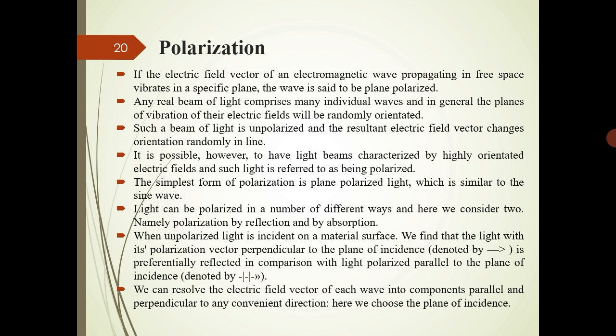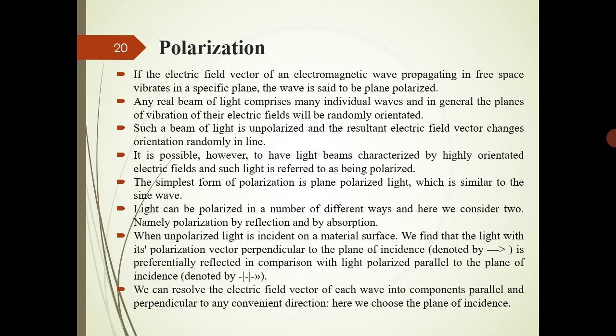Any real beam of light comprises many individual signals, and in general the planes of vibration of their electric field will be oriented randomly. Such a beam of light is unpolarized. Altogether, the resultant electric field vector changes its orientation randomly.